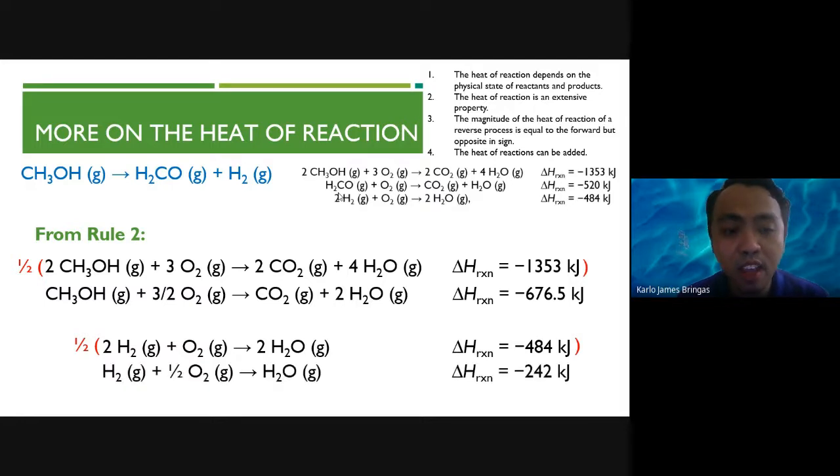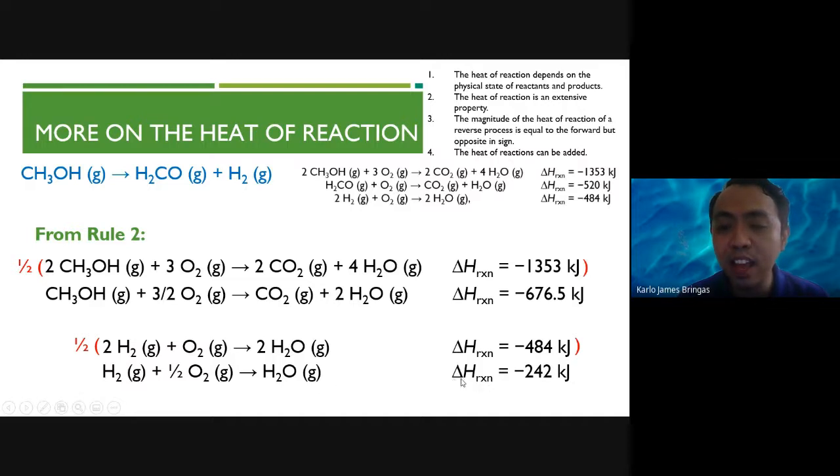Like we did earlier, the 2 hydrogen divided by 2 gives us 1 na lamang. The oxygen divided by 2 gives us a coefficient of 1/2. And our 2 water divided by 2 gives us only 1 water molecule in the gaseous state.